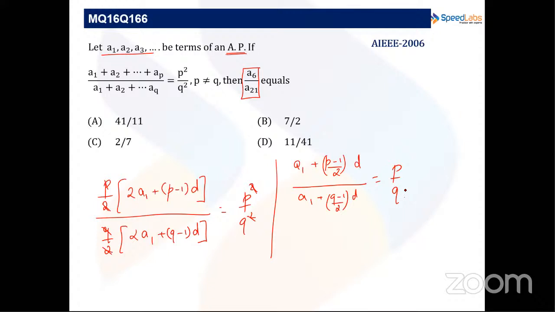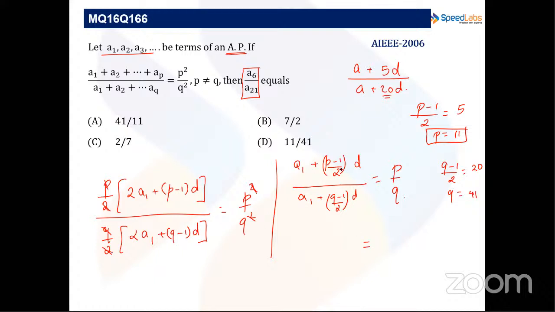Now here we need to find a6 upon a21, that is we need to find a plus 5d upon a plus 20d. So in place of p minus 1 by 2 we are having 5, that is in place of p we need to put the value 11. Similarly, in place of q minus 1 by 2 we are having the value 20, so in place of q we are having the value 41.